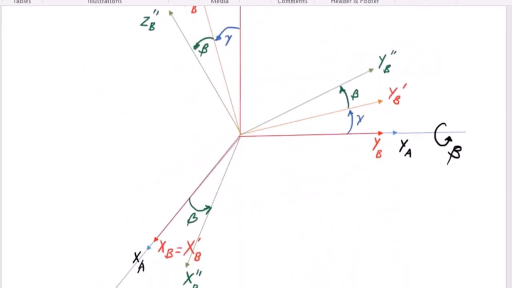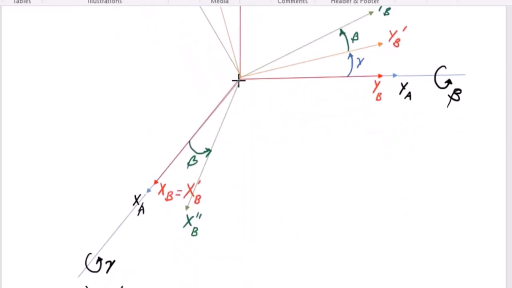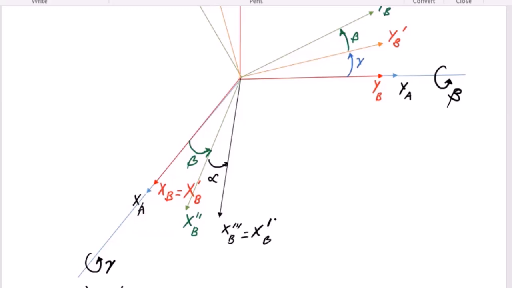So here, I will use black here. This is now the, yes, this is resolved by the alpha. That's alpha. And this is your XB triple prime, which is the last.